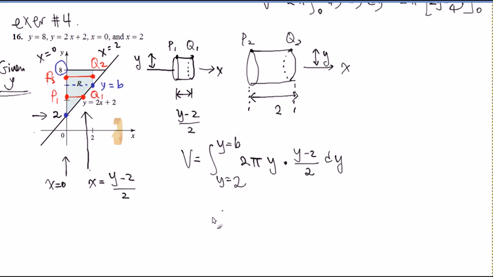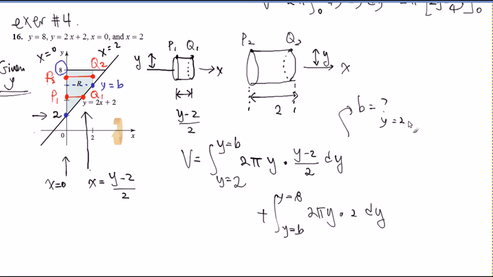All right. And the second part, going from y equals b to all the way to 8, it's marked in here, y equals 8, and the radius is the same, 2 pi y, times the height is always 2, dy. And to find b, it's the intersection of y equals 2x plus 2 and that intersection with this vertical line x equals 2.